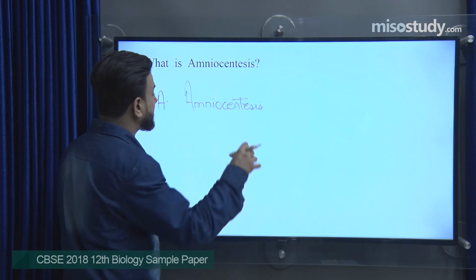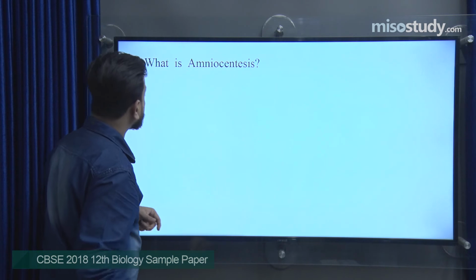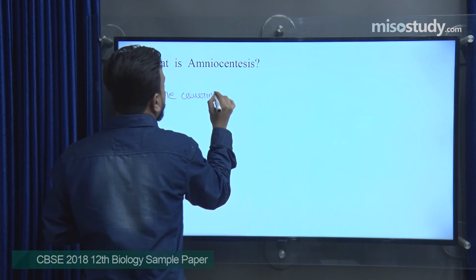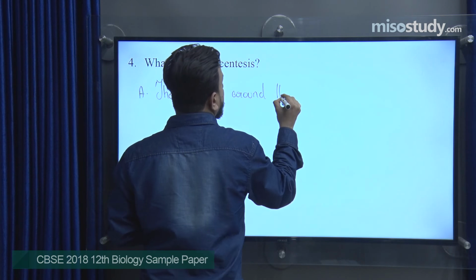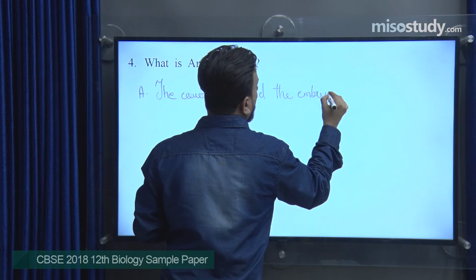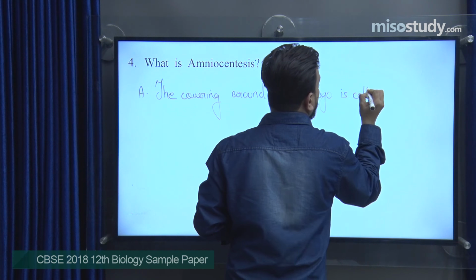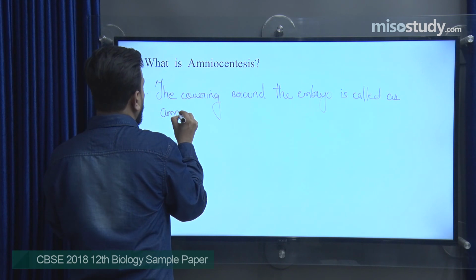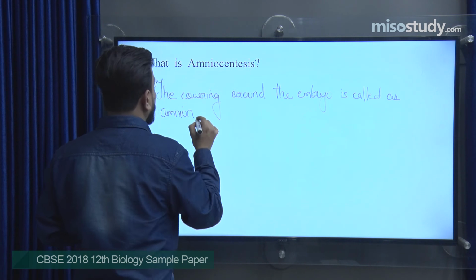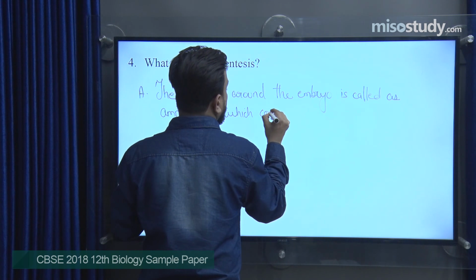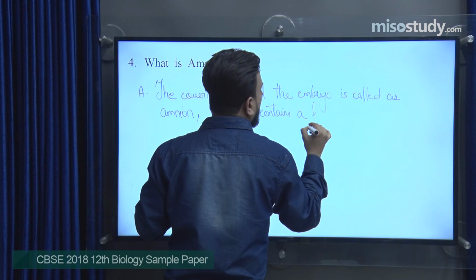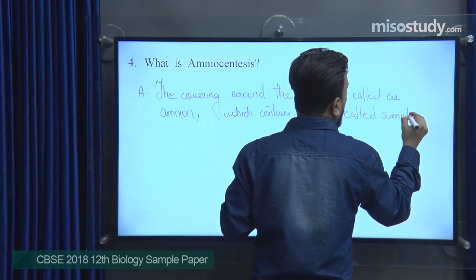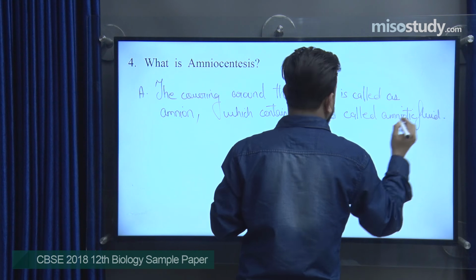So I'll write this here: the covering around the embryo is called amnion, which contains a fluid called amniotic fluid, right friends?